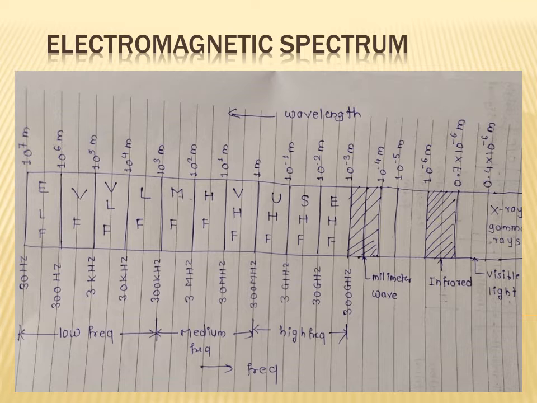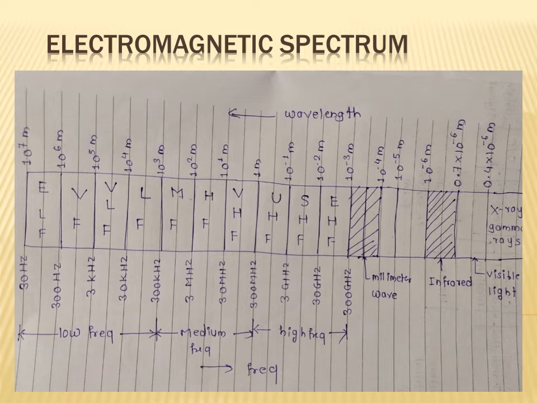This electromagnetic wave consists of an electric field and a magnetic field, which are perpendicular to each other. The electric field is generated due to voltage, and the magnetic field is generated due to current. These electromagnetic waves can travel with the velocity of light, which is 3 × 10^8 meters per second.